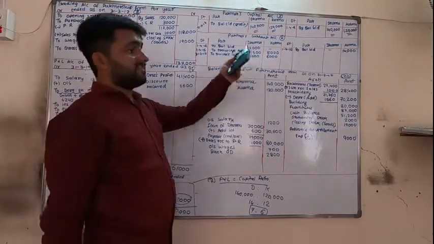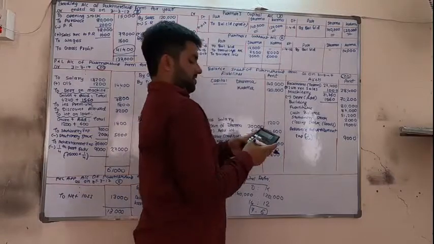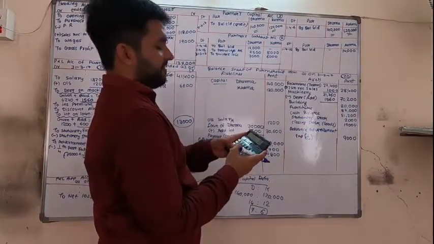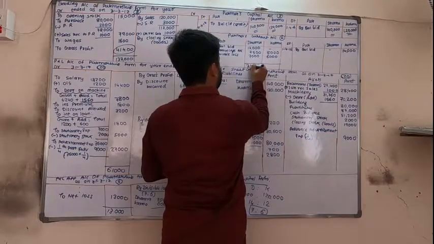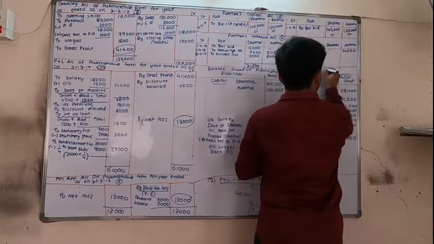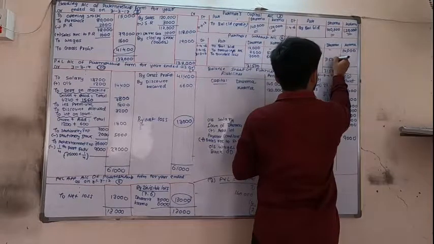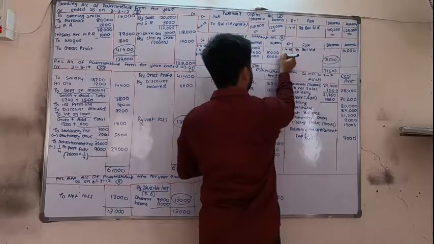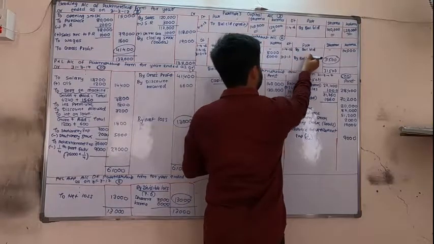Now see, Dharma has nothing on credit, so his debit is more. 17,000, 7,500 and 7,000 is 31,500. So here I will write 31,500, balance is 31,500 on 31/3 by balance carried down.